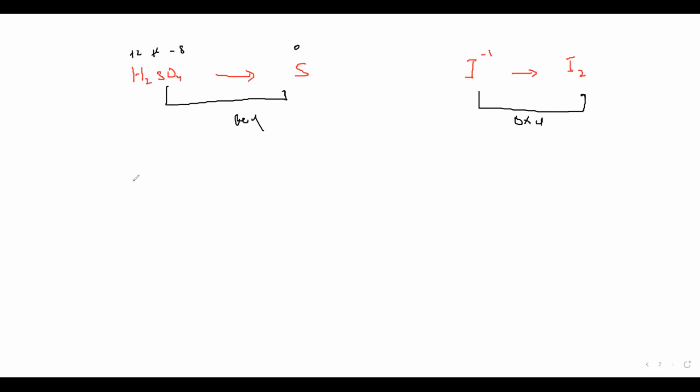Now, when we write for H2SO4 a balance equation, in which it changes to sulfur. So first we balance, because there's no oxygen on the other side, so we can not put a number.